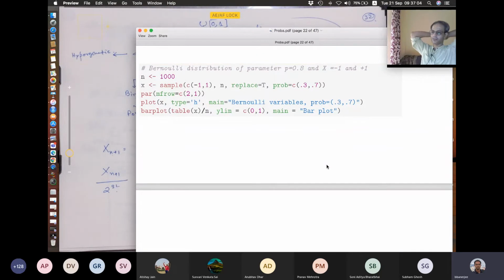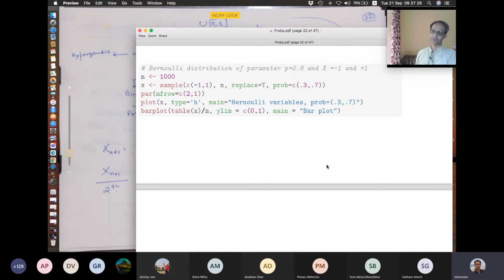If it is 0, take it to -1. If it is 1, take it to 1. So 2x minus 1 will work for it.